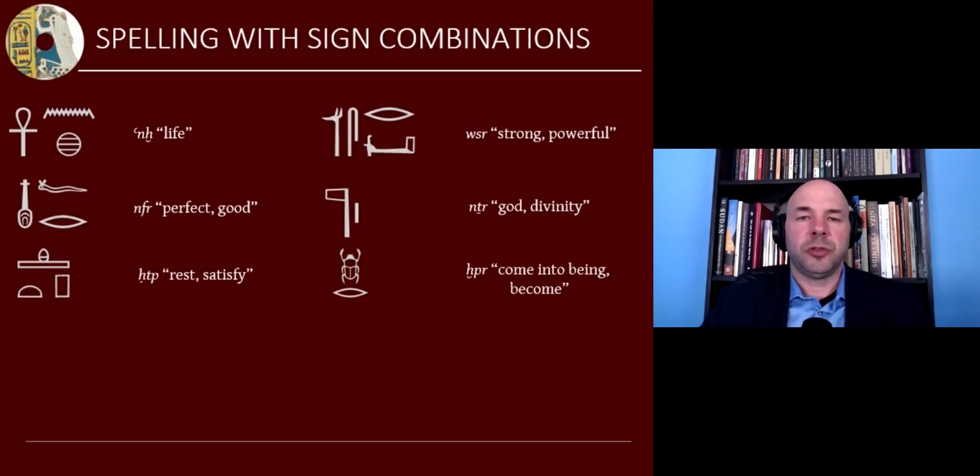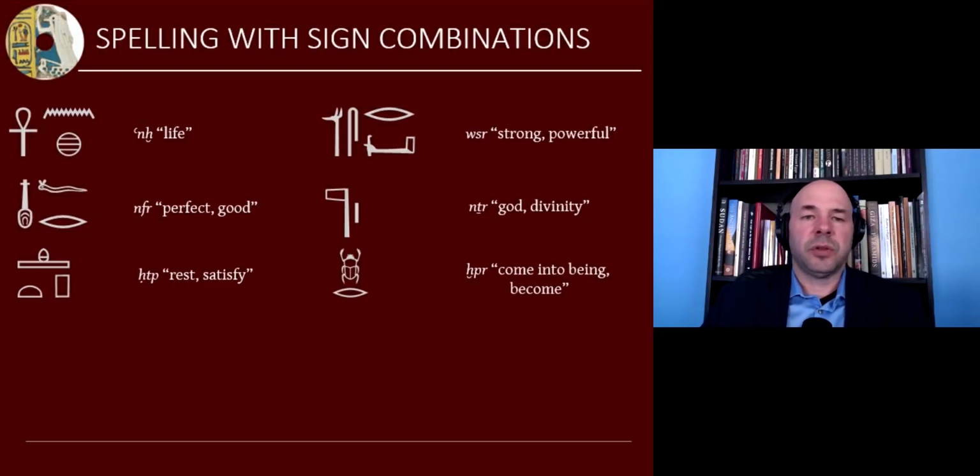So the Egyptians used group writing. That is, there can be a lot of variation in the writing of individual Egyptian words and the signs that are used. So what the Egyptians can do is they can use various combinations of uniliteral signs, biliteral signs, triliteral signs, determinatives, and logograms to write individual words.